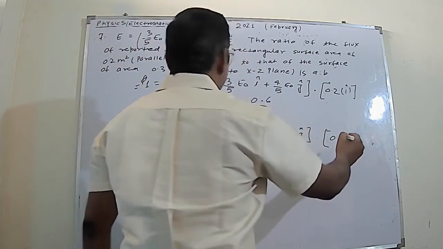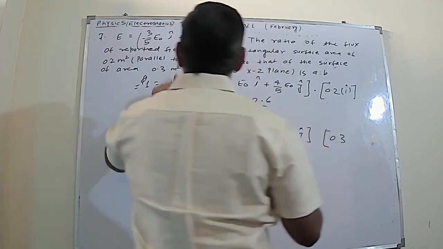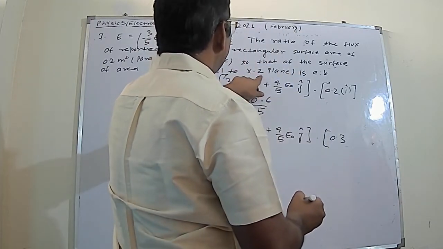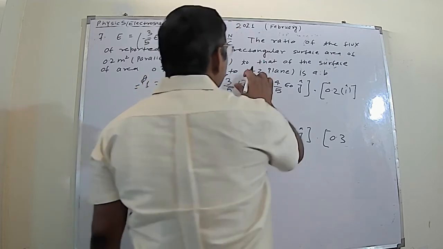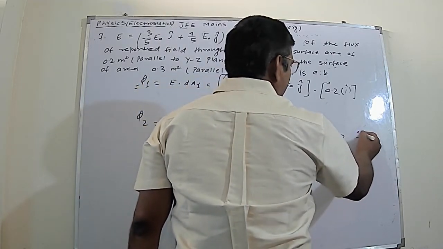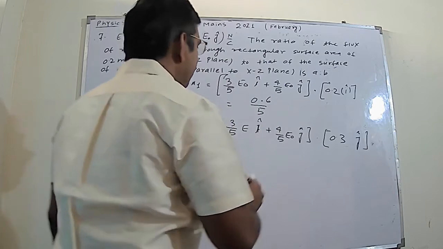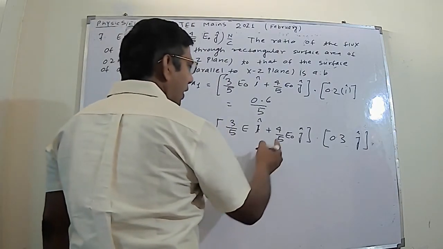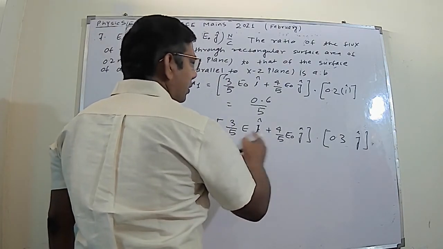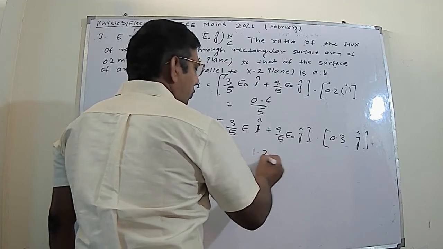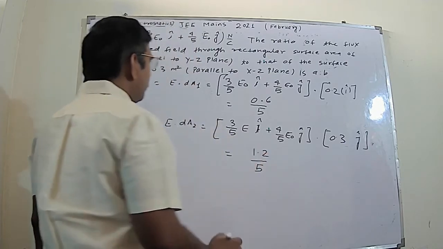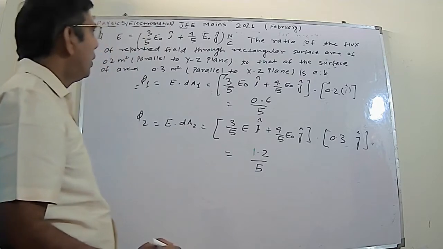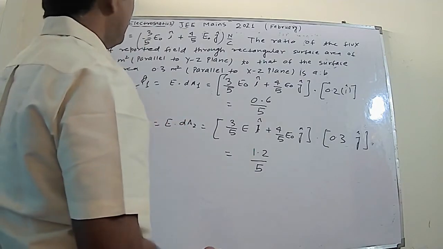The magnitude is 0.3, and the direction is parallel to the xz plane. Parallel to the xz plane means the normal is in the j direction. So if we apply the dot product here, it will be 1.2 divided by 5.